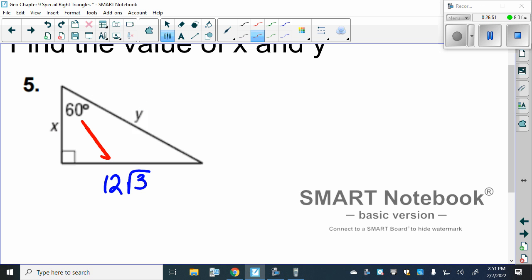Now 12 square root of 3 would be the long leg, and it's not because it has the square root of 3, but because it's opposite the what? 60 degrees. So to get back to the short side length, we need to take our 12 square root of 3 and do what? Divide it by the square root of 3. And again, these would cancel, giving us the short side length.